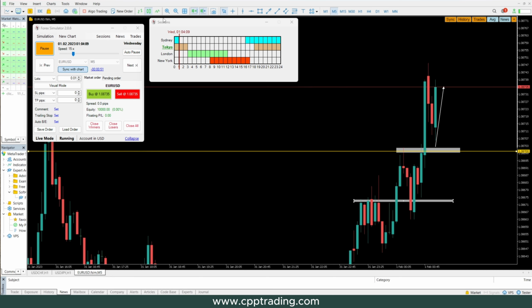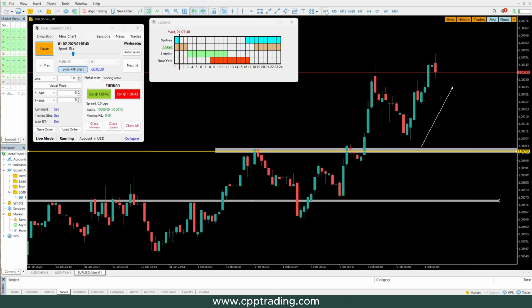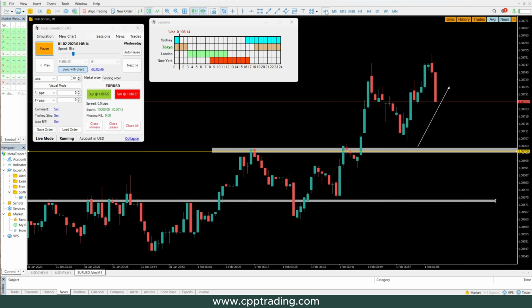But it's not enough pips. We need to get more than 2 or 3 pips. We definitely need a little bit more of a range in order for this to be worth it, because we still have to cover, we don't have a spread here, but we still have to cover our commissions.